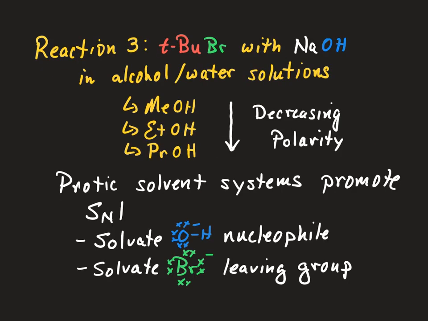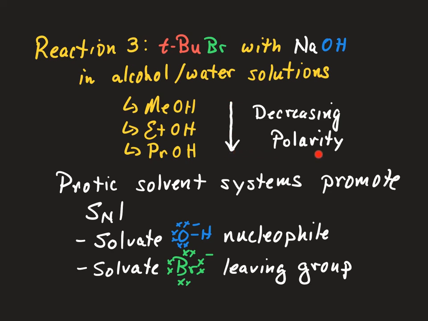So in reaction 3, we're going to use the tertiary butyl bromide as the substrate for all of the reactions. And we're going to react it with sodium hydroxide in different alcohol water solutions. So we're going to use methanol, ethanol, and propanol. And what we're looking at here is the overall polarity of the solvent system. As we add carbons to our alcohol, our solvent becomes less polar.